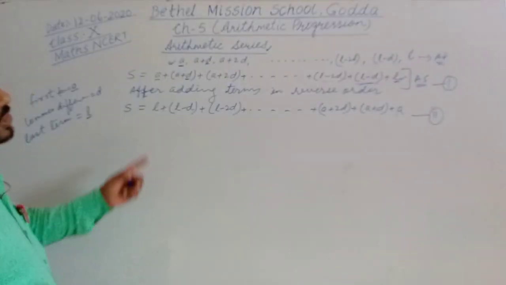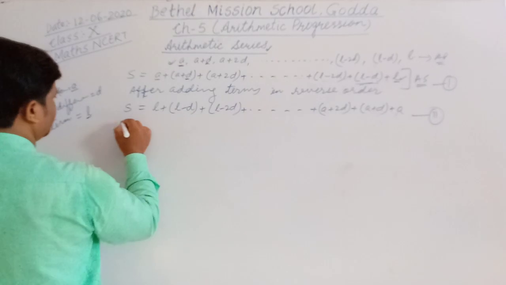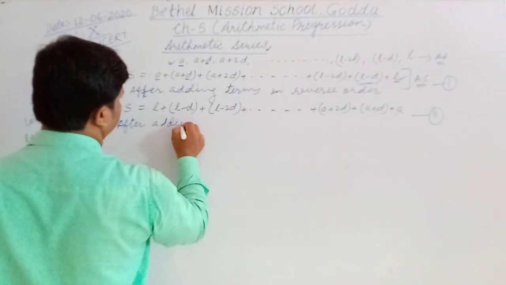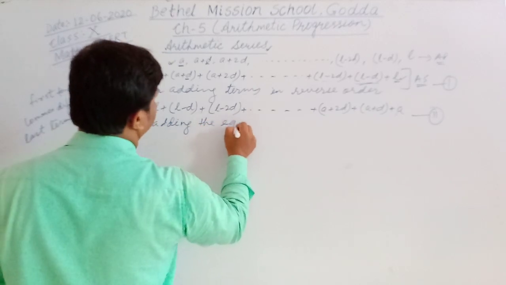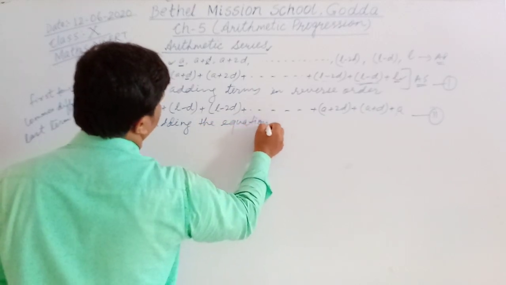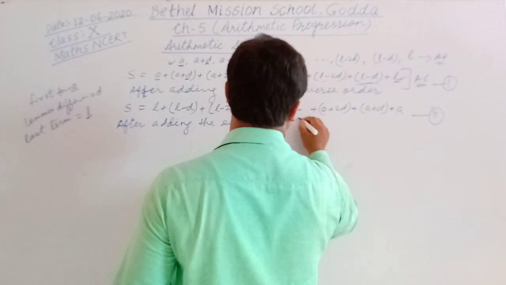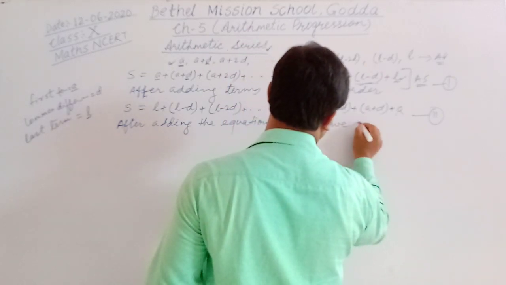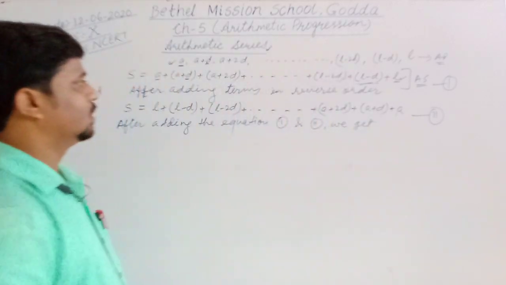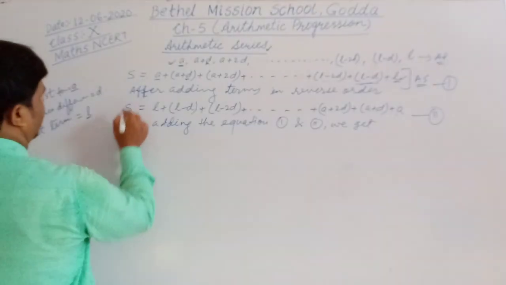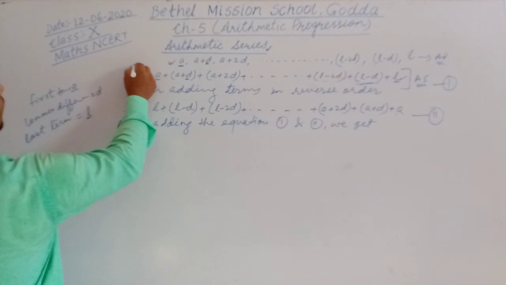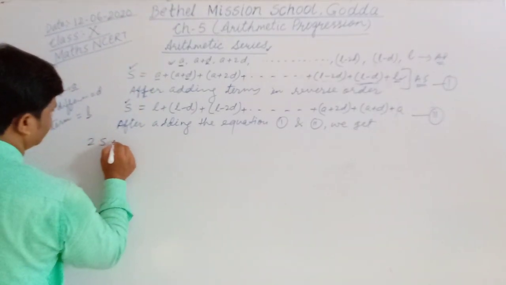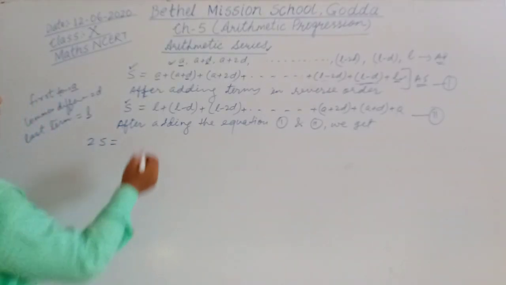After adding equations 1 and 2, we get S plus S, which is 2S.